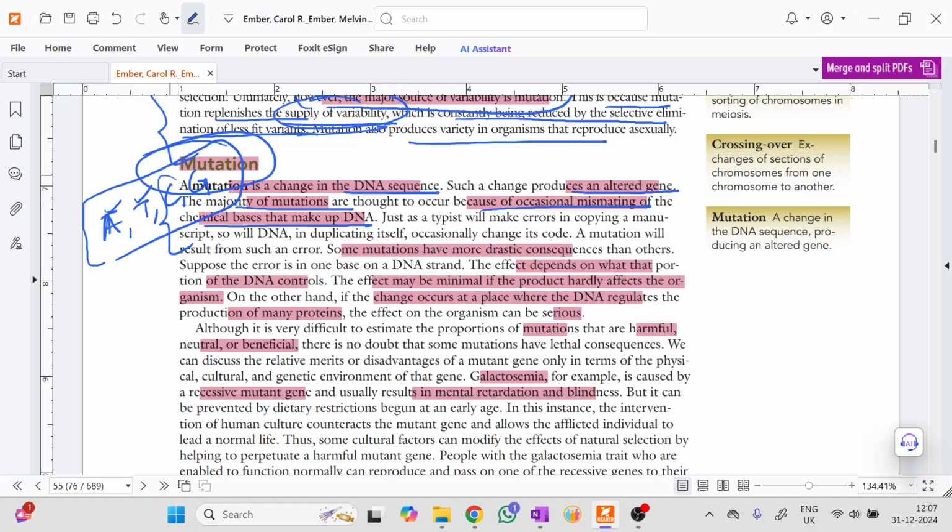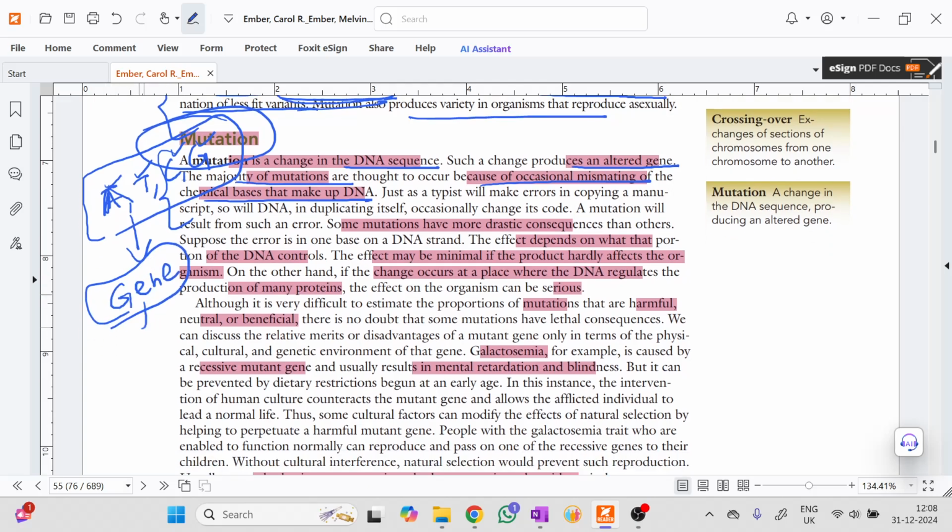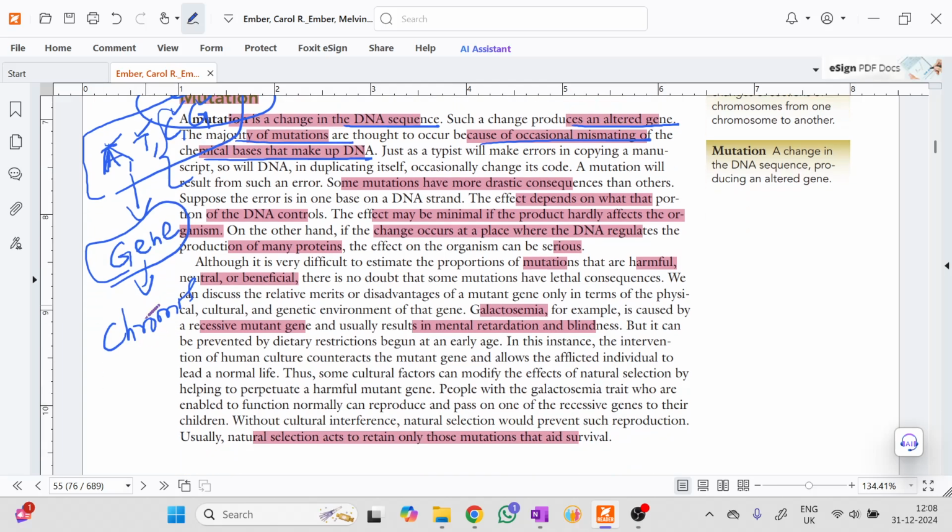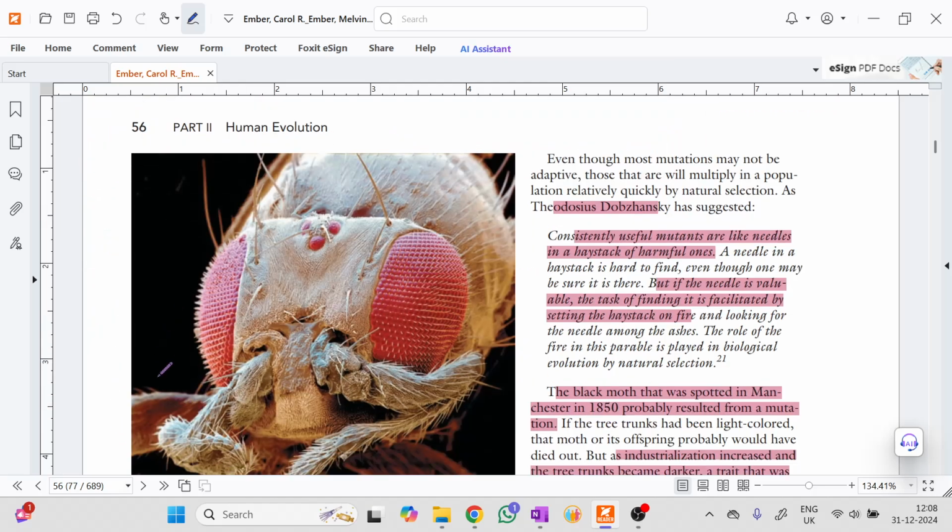If the structure or the position of these bases are mismatched, it will produce mutation, because ultimately these units combine to form genes, which will combine to form chromosomes. Chromosomes will have forms of alleles, and alleles will be inherited.